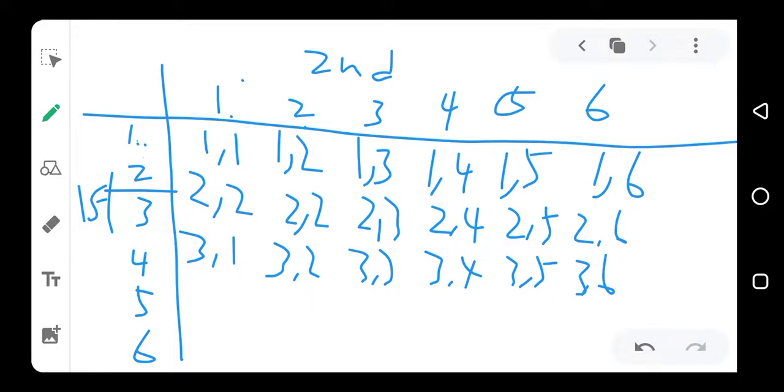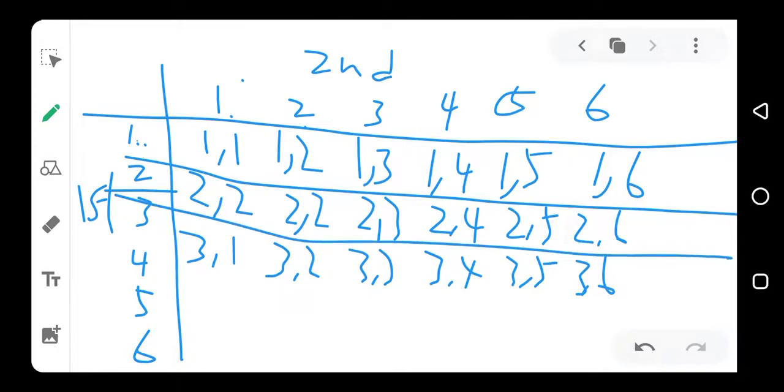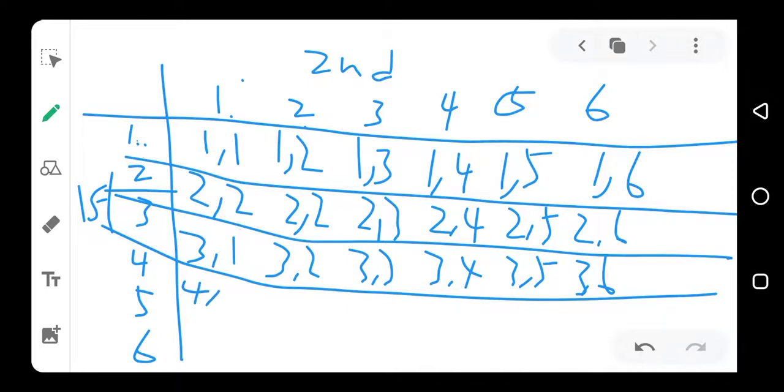Then pick the fourth one. This goes for this. This goes for this. This goes for this. And then for 4, we have 4, 1, 4, 2, 4, 3, 4, 4, 4, 5, 4, 6.